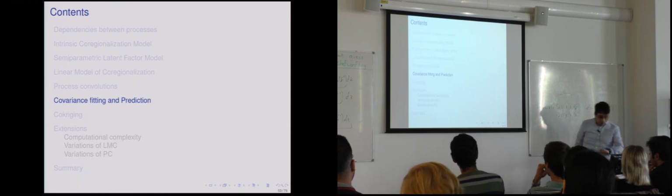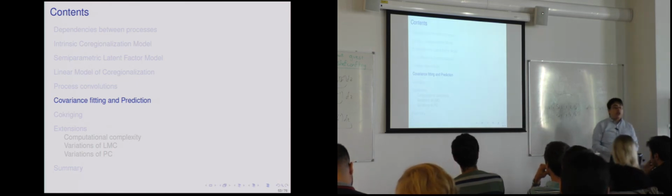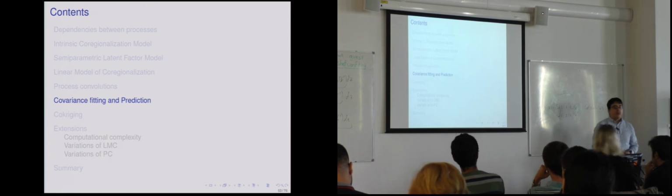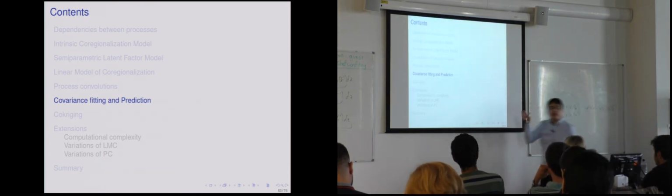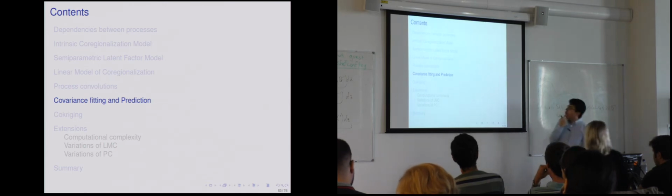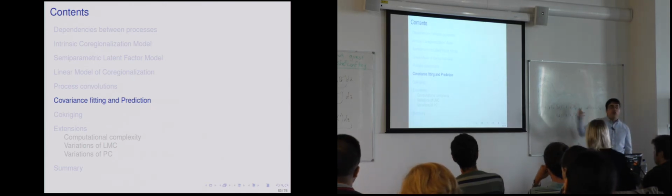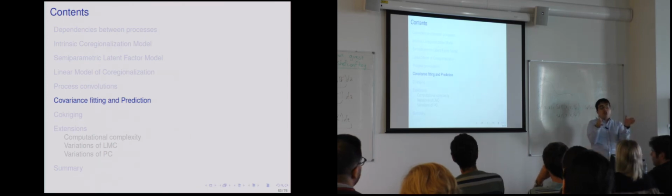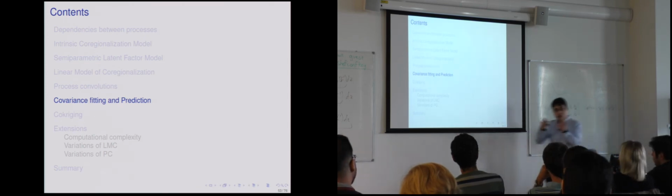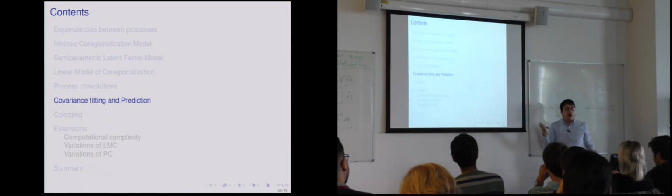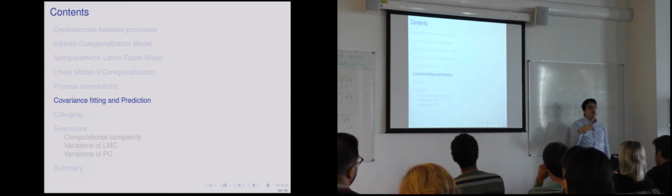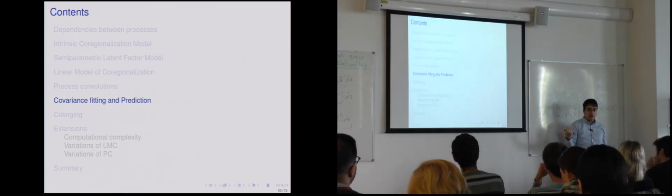How do we use this actually for prediction? Well, we already saw that we can compute the cross covariances, and there are different ways you can do that. The good thing is that once you define a nice covariance function to compute your kernel matrix for the whole vector, then this is basically a Gaussian process, and all the tools and tricks that we saw yesterday for Gaussian processes apply here.